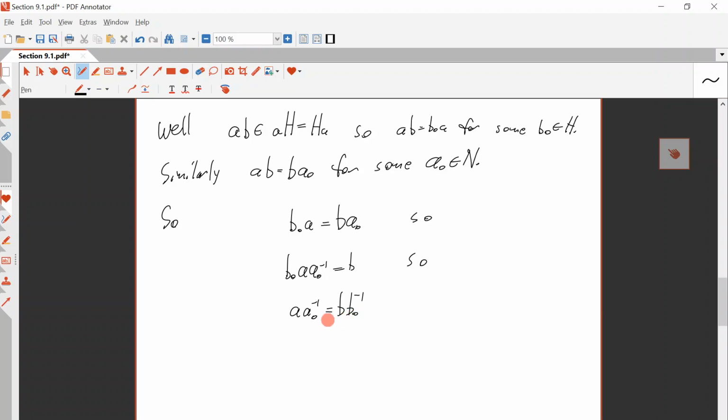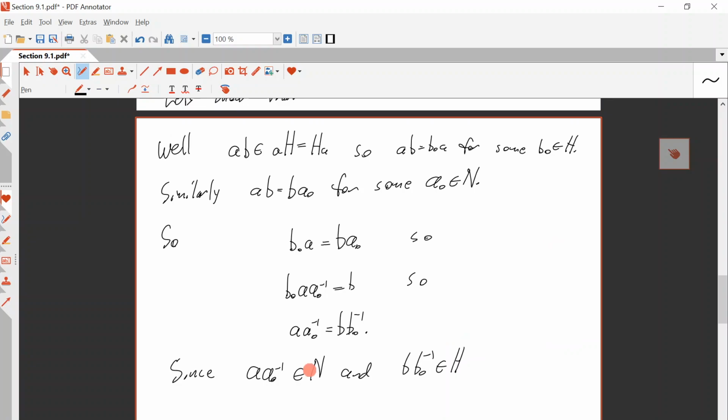Right? So this guy, since A0 inverse is in N, and B0 inverse is in H, right? So the two A's are elements of N. So since N is a subgroup, when you multiply them together, it stays in N. Same for the B's.